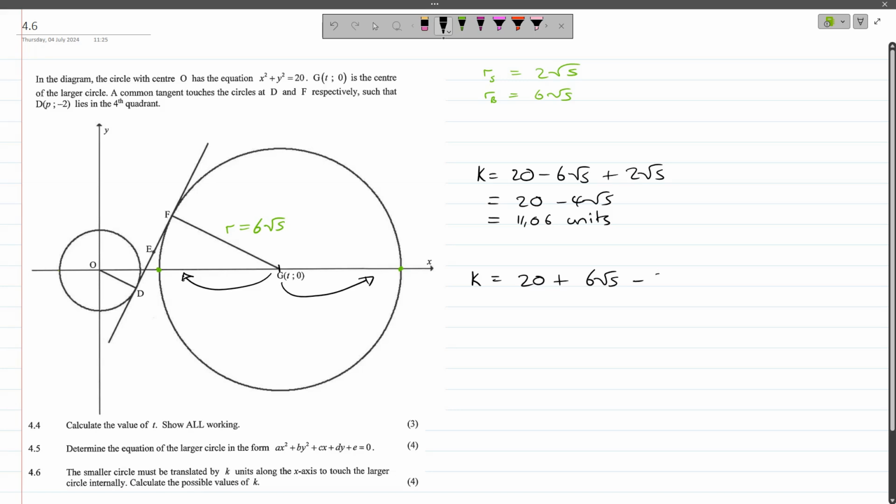So minus 2 root 5. So that would be 20 plus 4 root 5, which will be equal to 28.94. So these are the two values of k that we can use in order for the circle to move and touch it internally.